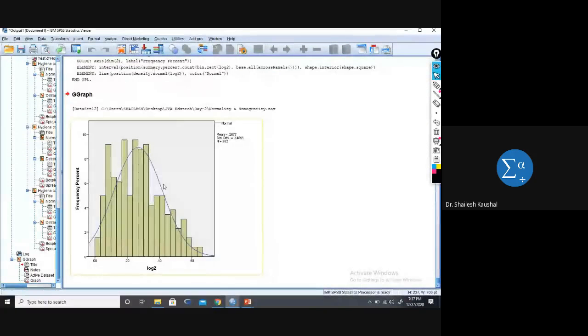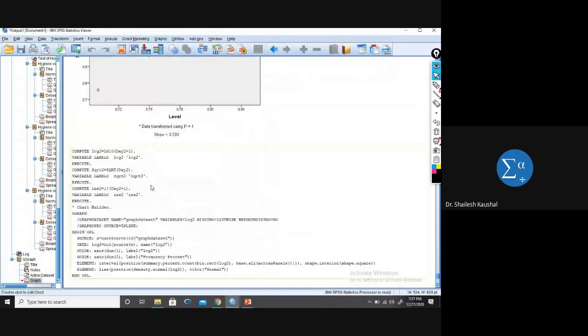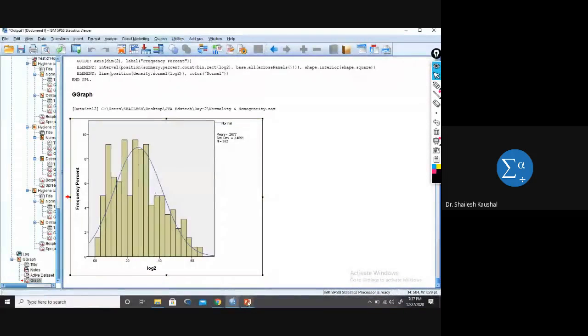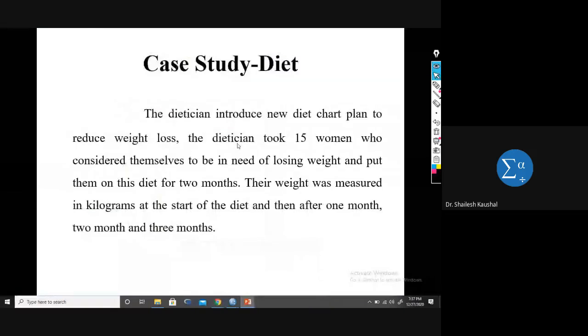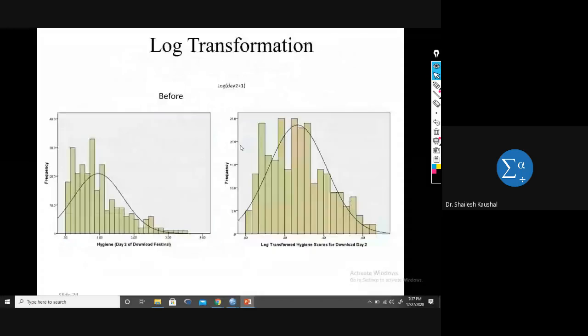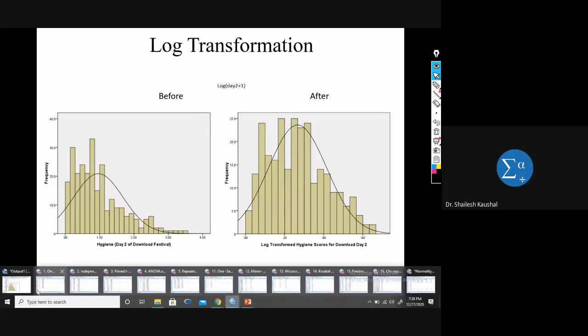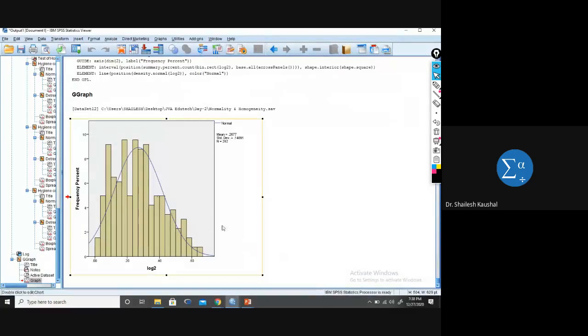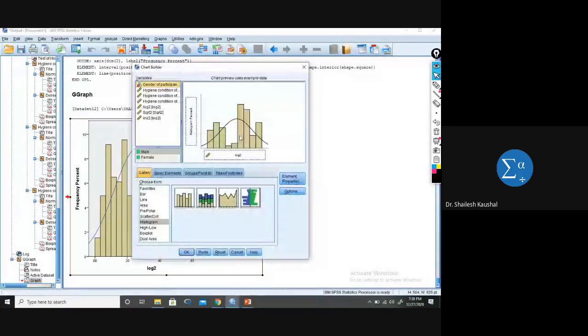Now what would be my graph is this. Earlier the shape of the graph was, I am showing you the before. Yes, before log transformation the shape was this, and after log transformation the shape of the graph is this. Now you can see. Now we check through square root: graphs, chart builder, okay, and reset, and then square root.